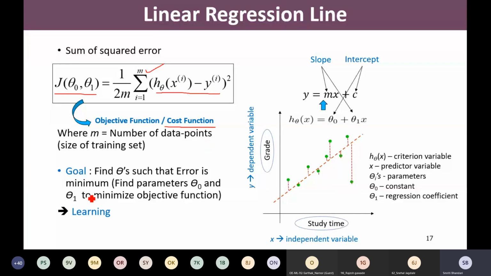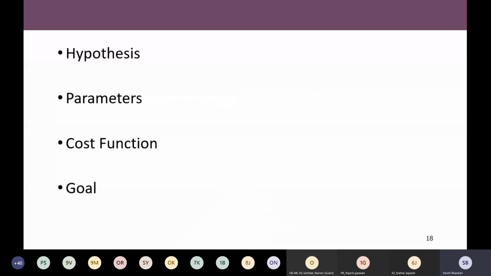And what we would like to do is find thetas such that the error is minimum. We would like to find the parameters theta 0 and theta 1 that actually minimize our objective function J. So this J is our objective function, and we would like to find the values of thetas such that this objective function is minimum.